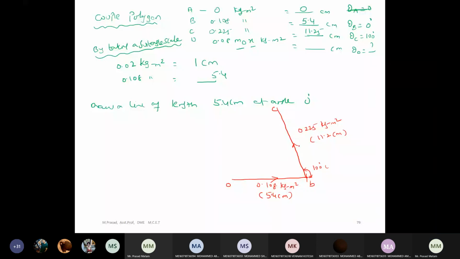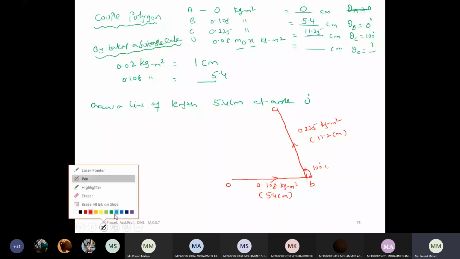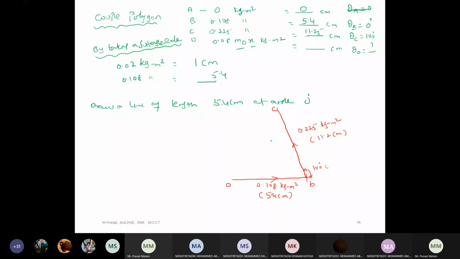Now, these two data I'm having. What is the one more data? 0.08 into MD into X. Okay. I need to close this. The closing side of the polygon always gives the resultant. That resultant is for plane D. Now what can you do? This first step I have already told.